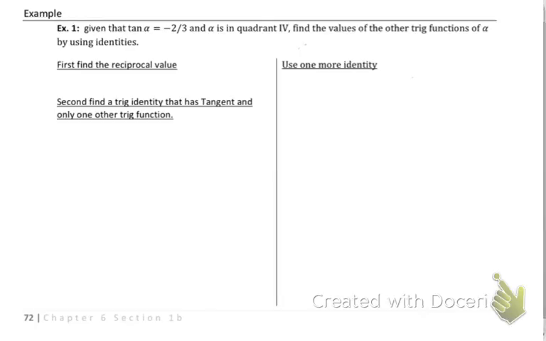Since I have 5 different things I need to find, all I'm going to do is circle quadrant 4 and say which ones are positive. If it's in quadrant 1, you're just going to put all positive there. But since I'm in quadrant 4 and it's all students take calculus, cosine is positive, and secant is positive.